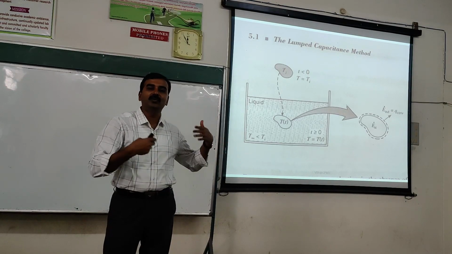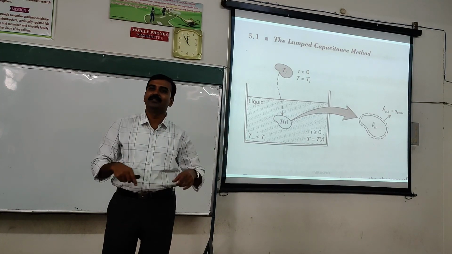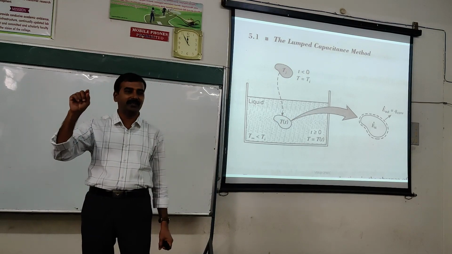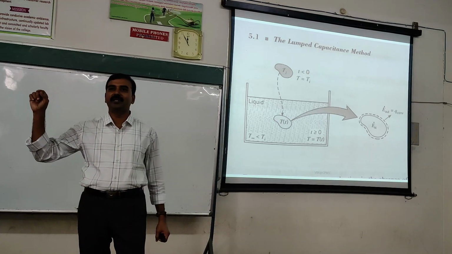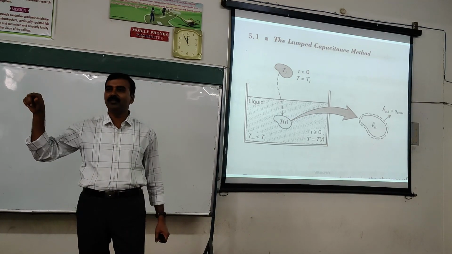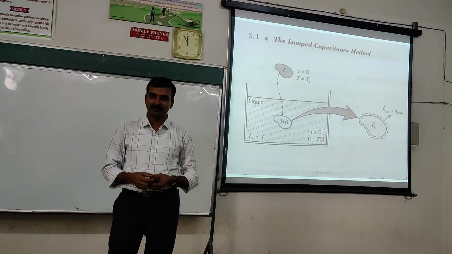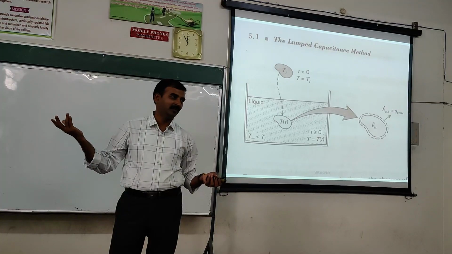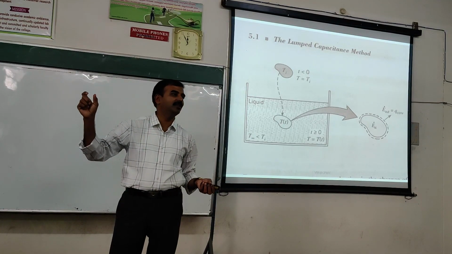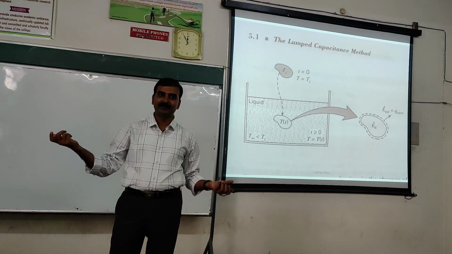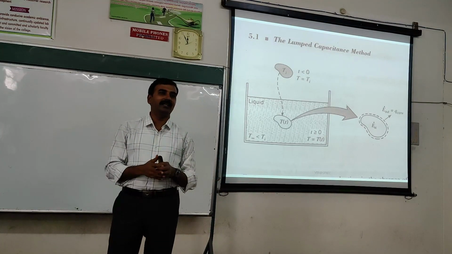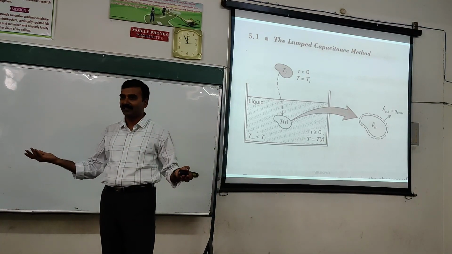This is what we put in the form of the first law of thermodynamics. Heat transfer dq is equal to du plus dw. If dw is 0, which is the case for this solid body, since it doesn't have any change in volume, then work transfer is 0. Therefore heat transfer dq is equal to the change in internal energy du. So the thermodynamic law is like a law of nature.